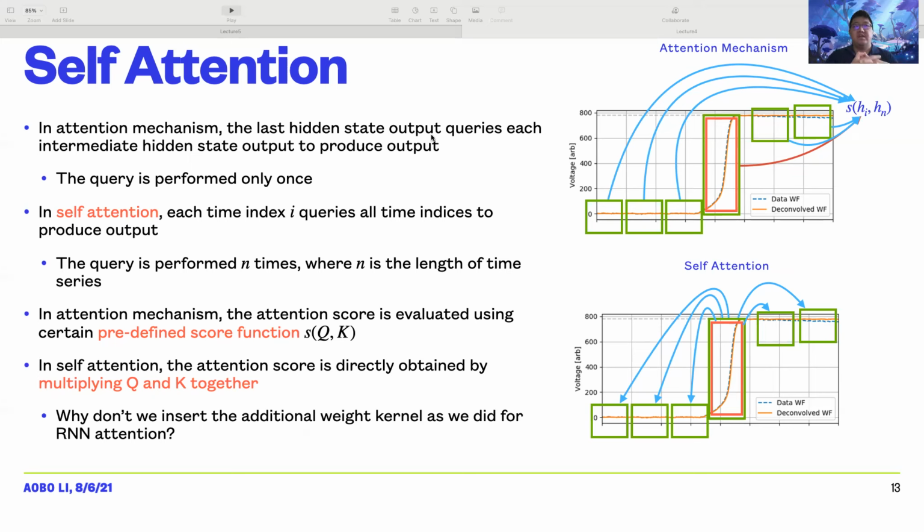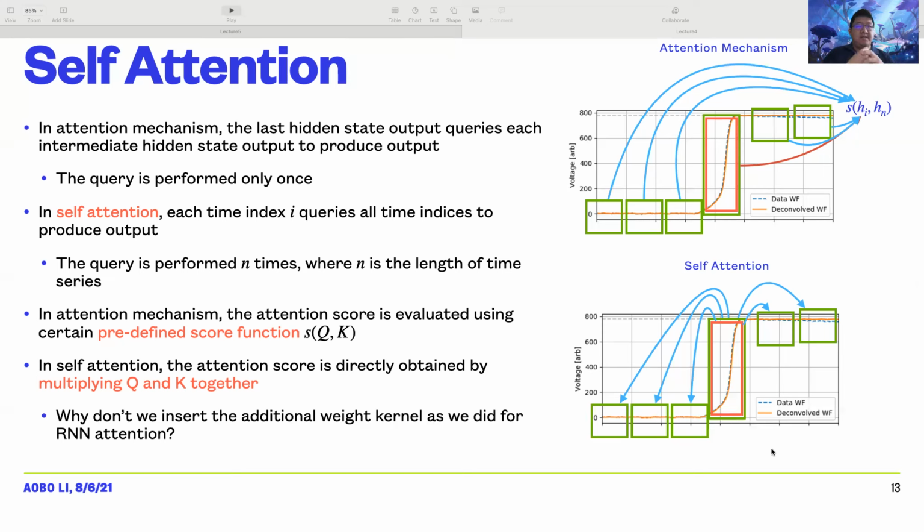Each time index queries all the time indices to produce the output. The query is performed n times, where n is the length of the time series. For example, in this time series with 7 time indices, we will do this query process 7 times. Each time index is going to be querying all the time indices of the entire time series.